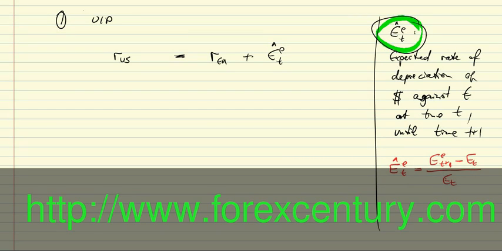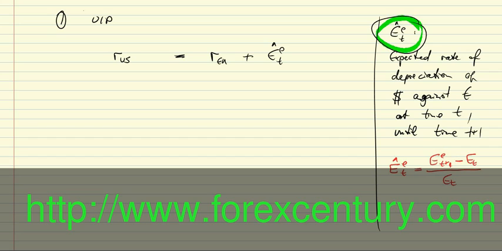So where ET itself is the exchange rate today, and ET plus 1E is our expectation or market expectation of what the exchange rate will be one period hence, at the end of this period.